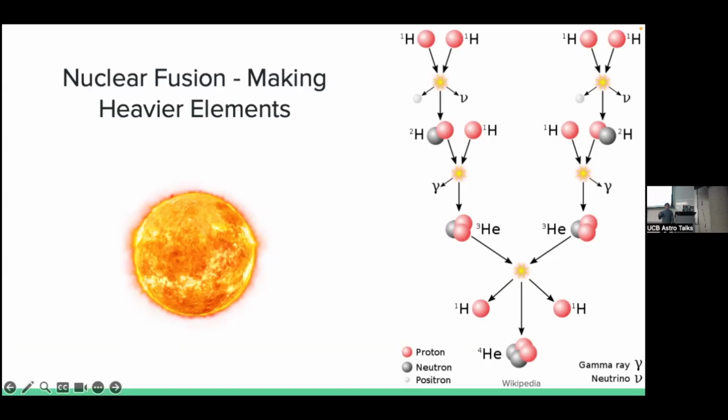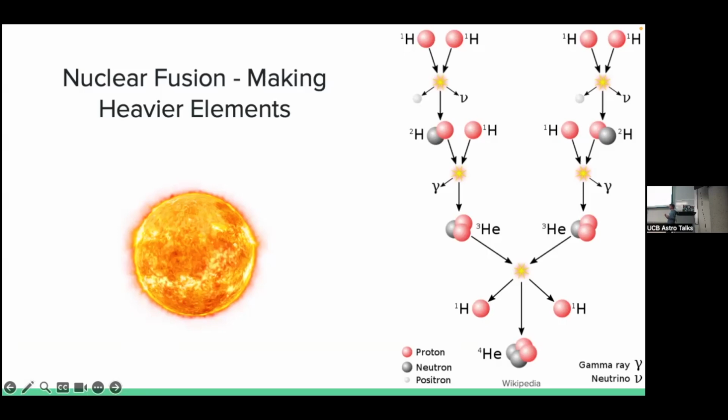Our own sun is undergoing nuclear fusion right now. In its very core, it is smashing together hydrogen protons. Don't worry about memorizing exactly what's going on here. It doesn't super matter, but just understand that the takeaway is that in the very core of our sun, it's smashing together a bunch of protons, and that releases energy.